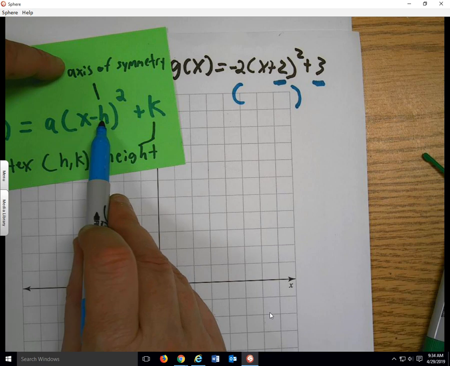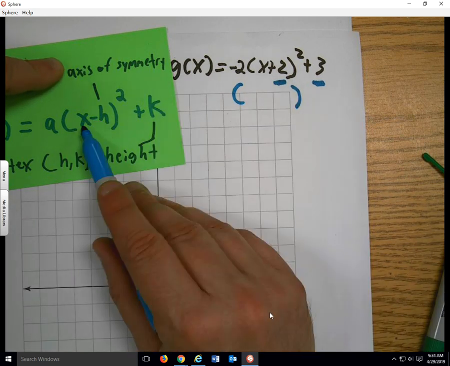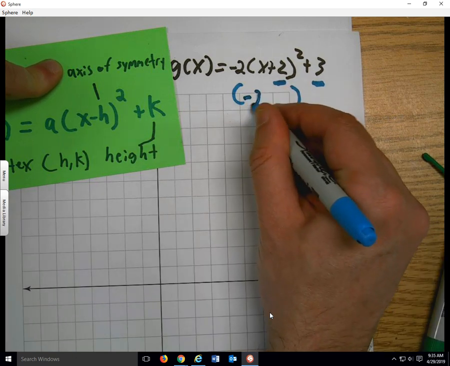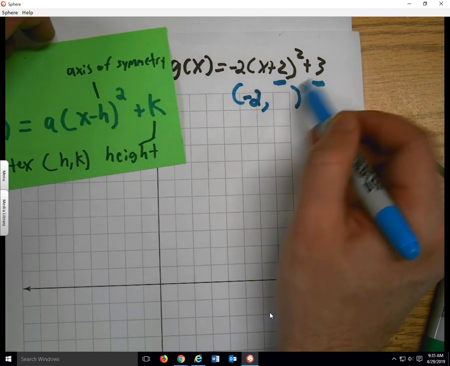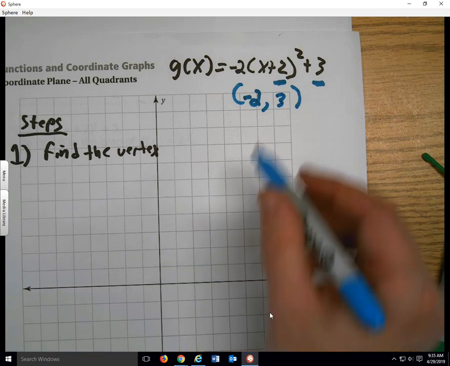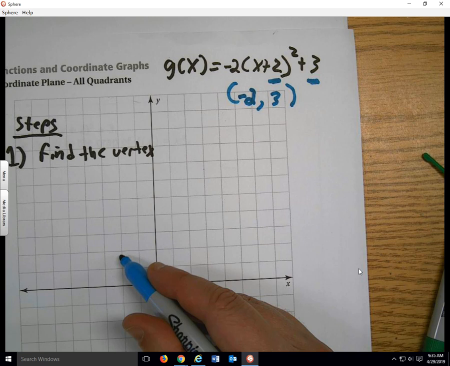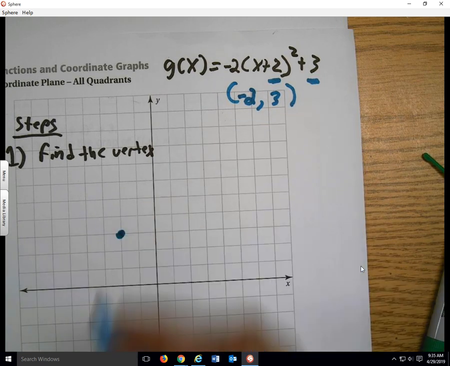There's a negative in front of that h. So whatever number you see in here, you have to take the opposite because there's a negative there. So if this is a positive 2, you would write a negative 2. And the k is the height. It's just a 3. So that's the first step. You just count from the origin: negative 2, up 1, 2, 3. Negative 2, up 3. There's your first plotting point. Good.